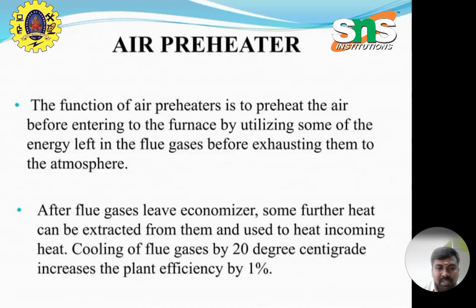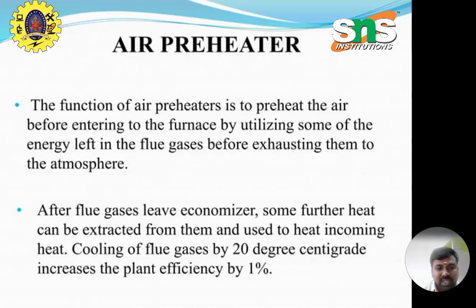After combustion, the water is converted into steam, and from the boiler there are two wastages: one is ash, and the other is the flue gas. The ash is removed from the boiler by the ash handling system, and the flue gas is recycled by using the air preheater.